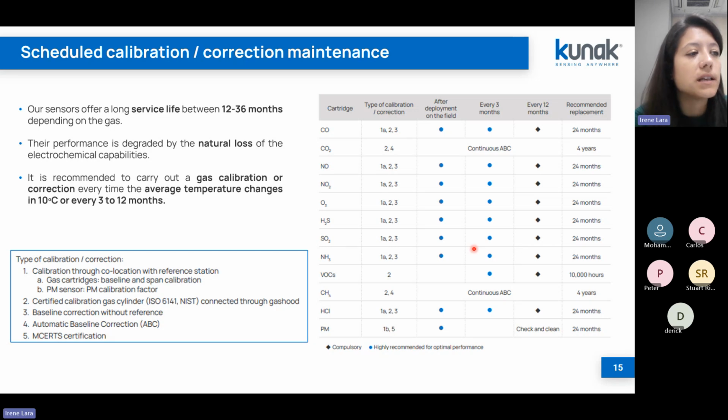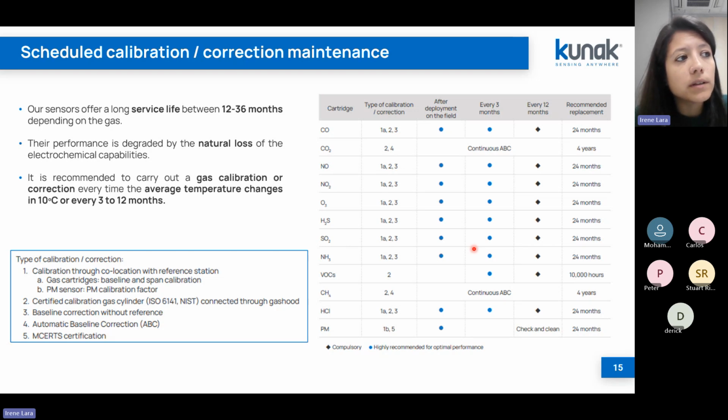Yeah, it's just baseline. Because span calibration, as I showed you before, usually decreases between 10 and 20% in a year. So after 3 months, the decrease is minimal. So you don't need to do anything.